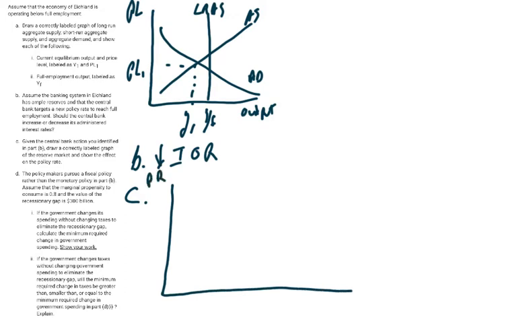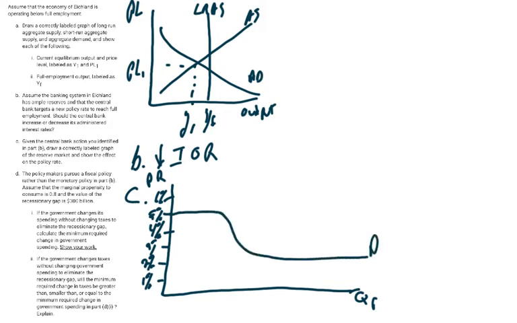So policy rate, 1%, 2%, 3%, 4%, 5%, and let's go up to 6%, right? And over here we have the quantity of reserves. This is the demand of the reserves and the supply of the reserves.